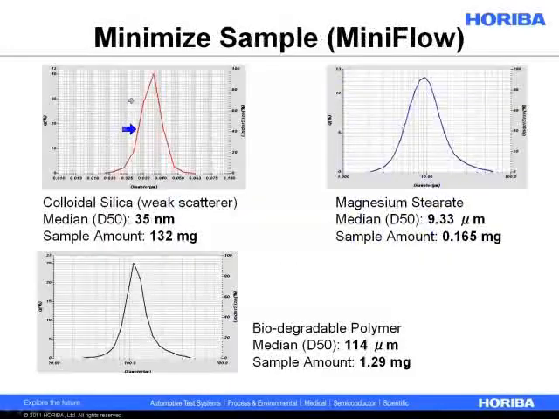One of the other things diffraction can do is if you only have a very small amount of sample and you know you need to do some sort of particle size analysis on it, diffraction technology has advanced to the point where you can really minimize how much sample you need to add to get a reliable size result. I'm sure when the first laser diffraction analyzers were produced, the signal-to-noise ratios of the instruments weren't as good as they are today, which basically means you need to add more sample.